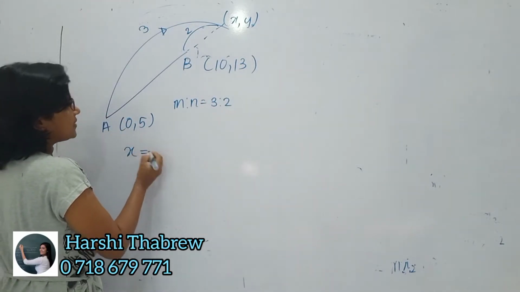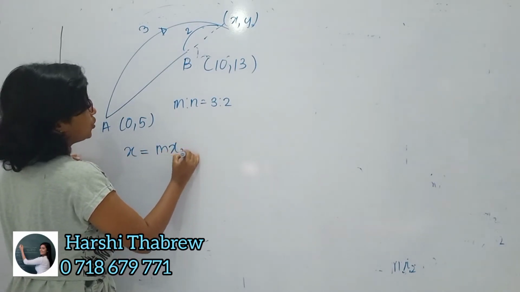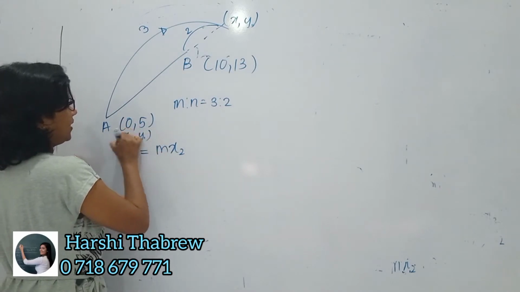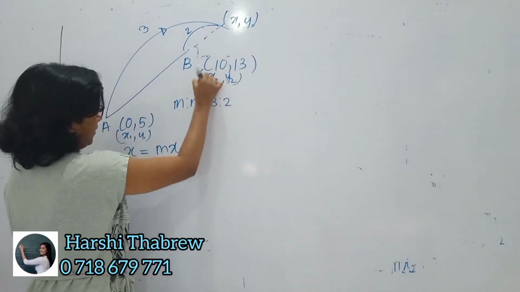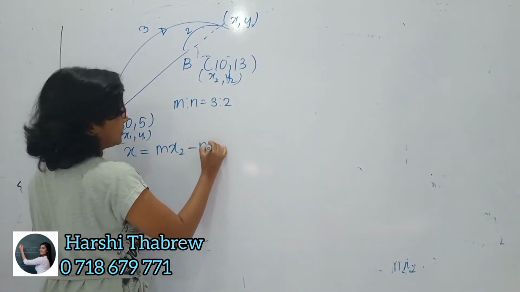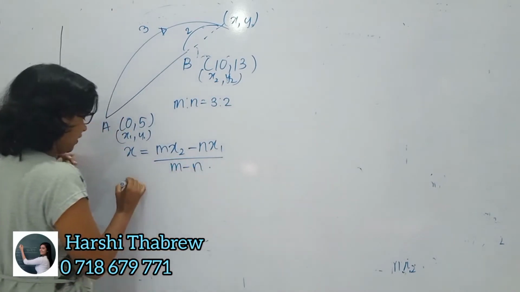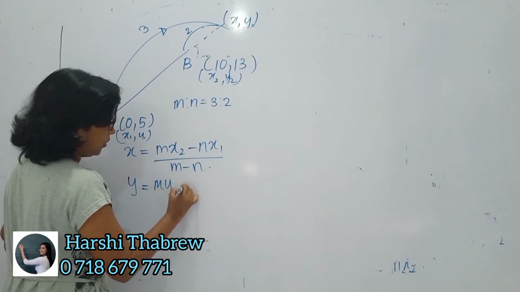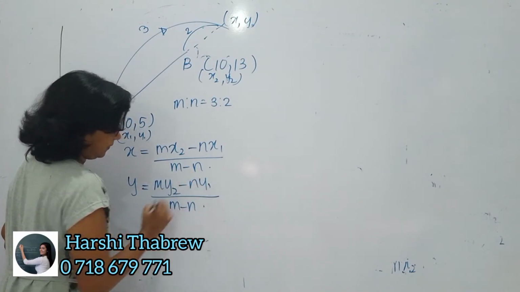X equals mx2 minus nx1 over m minus n, where this is x1, y1 and let's take this as x2, y2. Y equals my2 minus ny1 over m minus n.